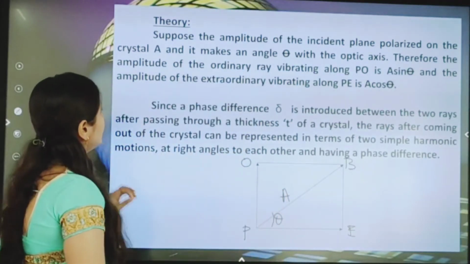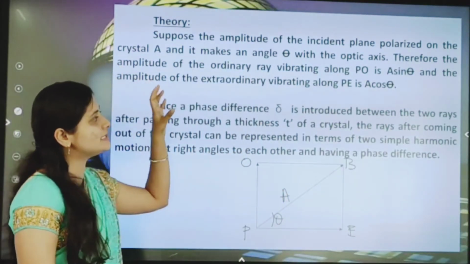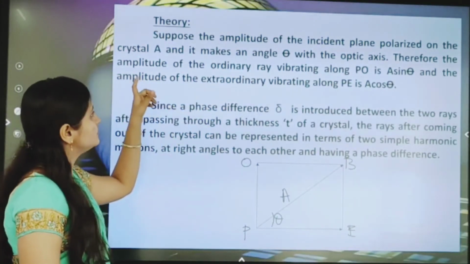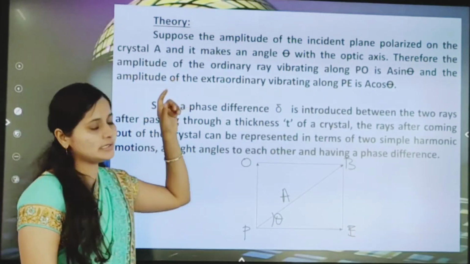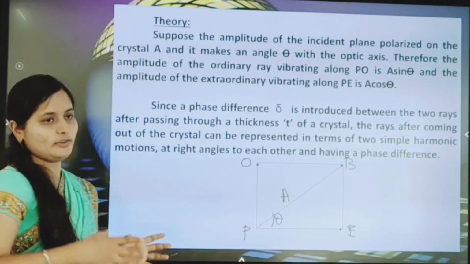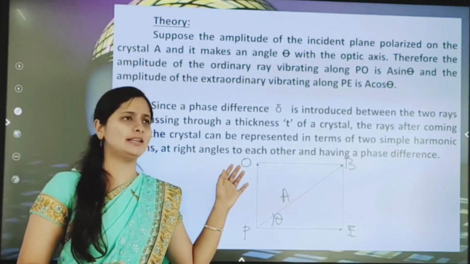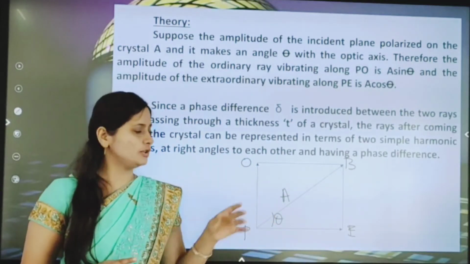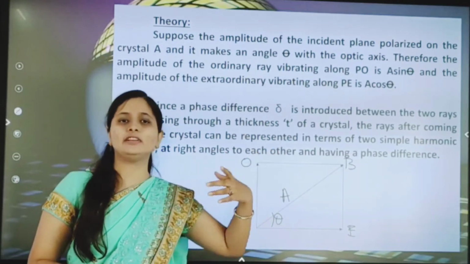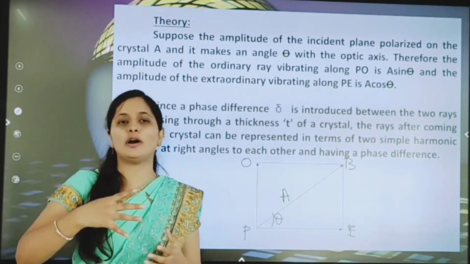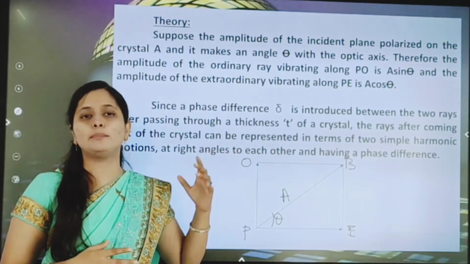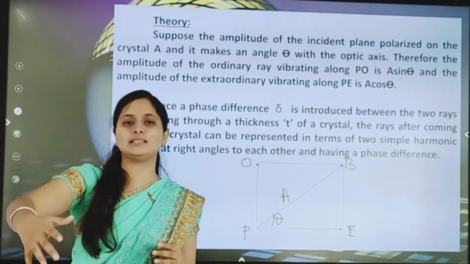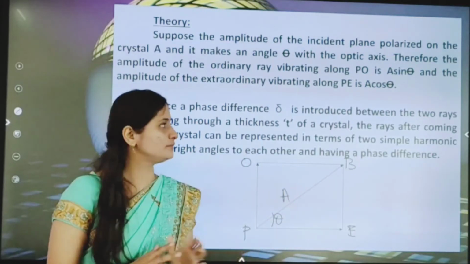Suppose the amplitude of the plane polarized light incident on the crystal is A, and the vibrations are at right angles to each other. The angle made with respect to the plane polarized light is theta, and the amplitude is A.